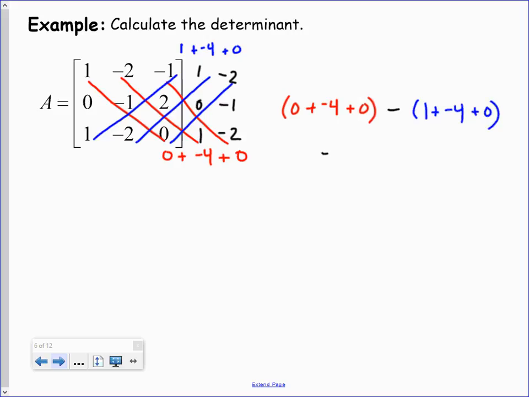Get your sums. -4 minus -3. So the determinant of this matrix is -1. It is a single real number. Not a matrix, just a real number.